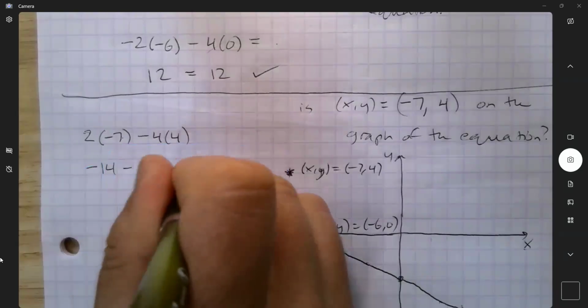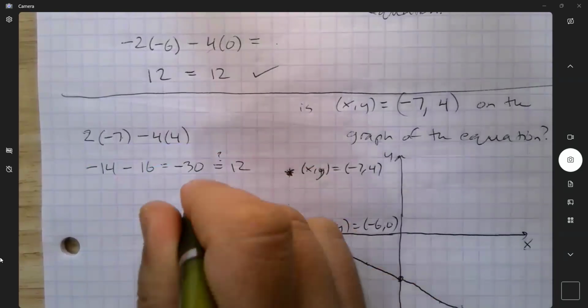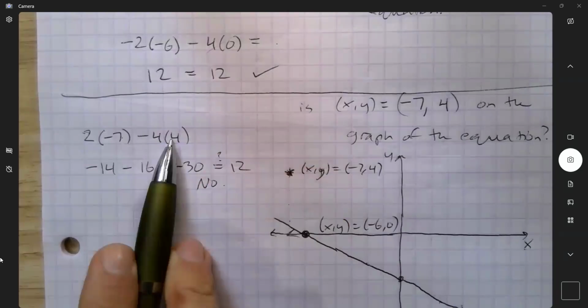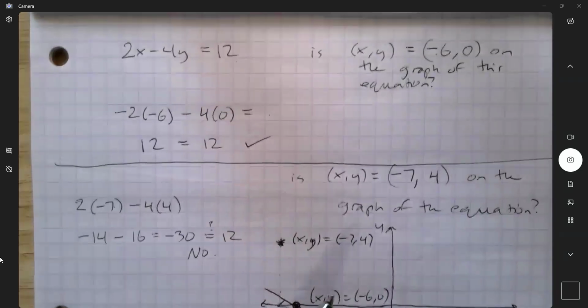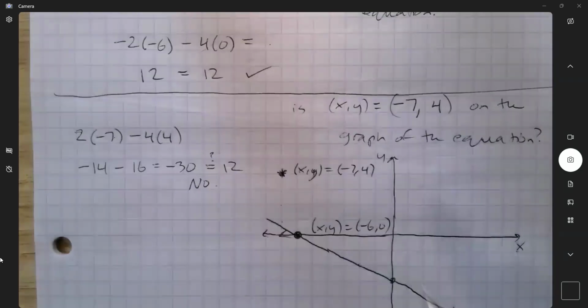Put them together, I get -30. Is that equal to 12? Nope. Okay, so clearly those 2 points do not make my equation true. And if those 2 points don't make it true, that means those two x and y values are not on the graph of the equation.